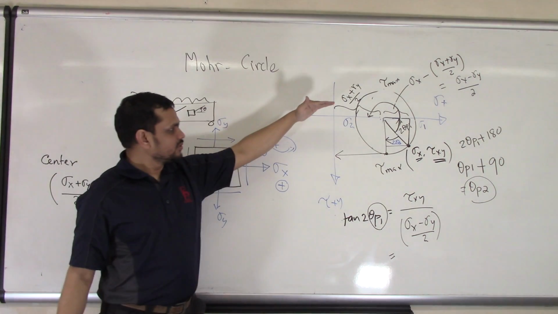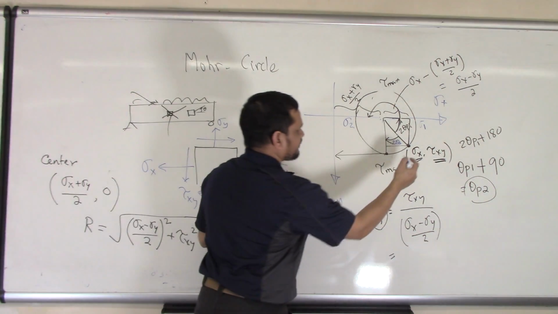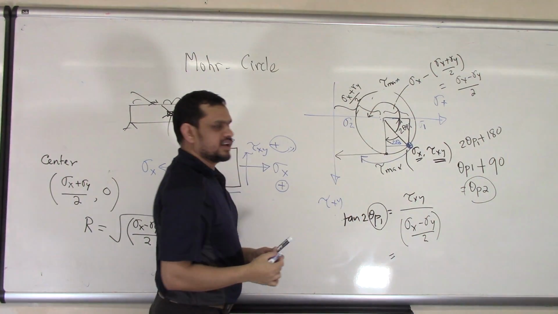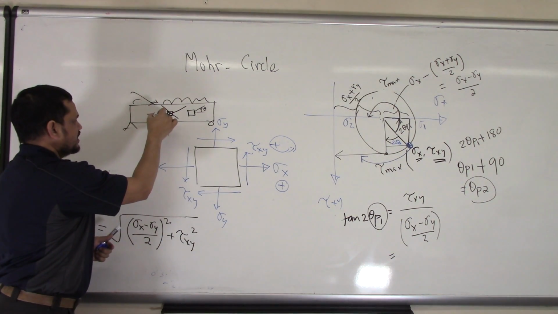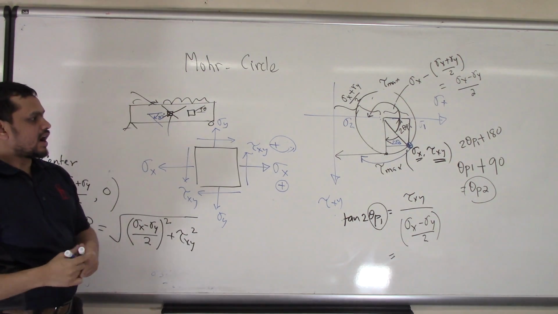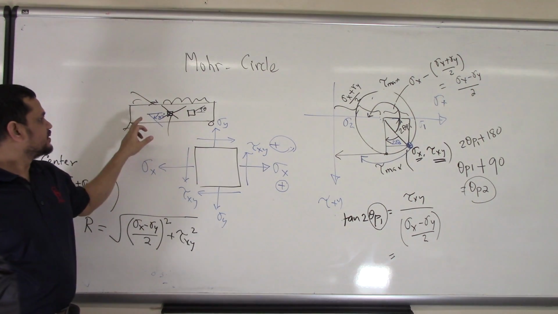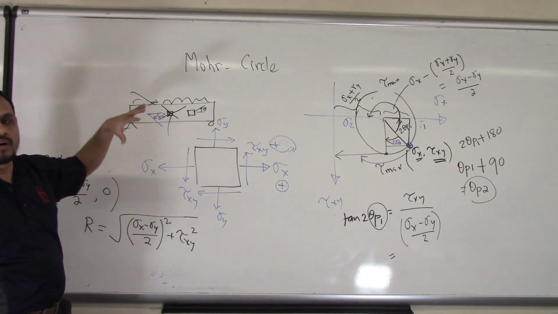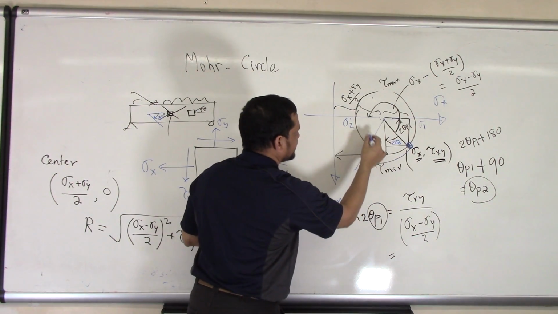Again, if we rotate clockwise some angle, say 40 degrees, this is our reference point. Say you are rotating here 40 degrees. That means this is your line. You rotate on the element 20 degrees, half of the angle. After rotating 40 degrees on the circle, whatever value you get is the value at this plane after rotating 20 degrees.